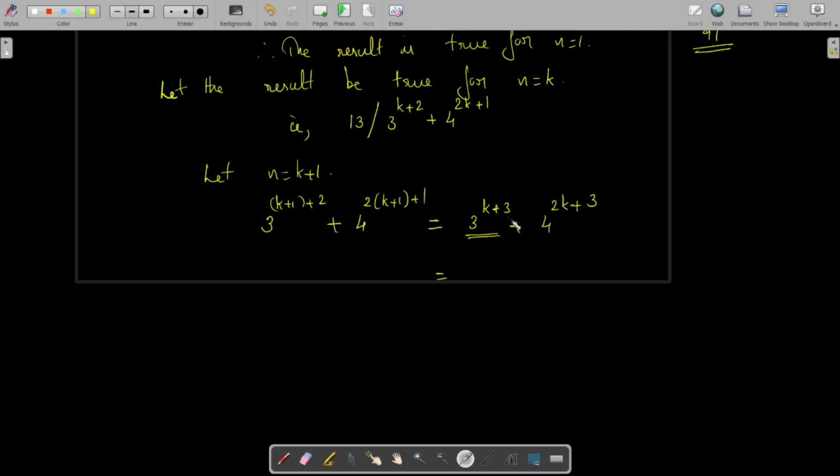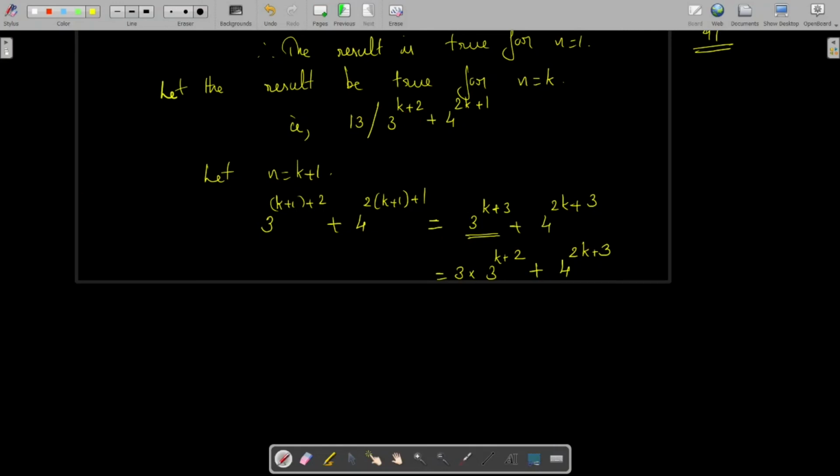Now we have to express the first term 3 raised to k plus 3 as a multiple of 3 raised to k plus 2. For that we can write 3 raised to k plus 3 equal to 3 into 3 raised to k plus 2. Now the second term is written as such, that is 4 raised to 2k plus 3. We have to use the result that 3 raised to k plus 2 plus 4 raised to 2k plus 1 is a multiple of 13.